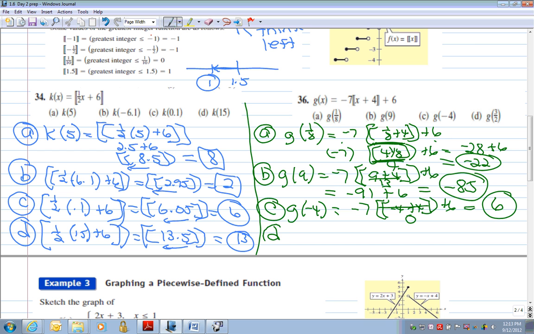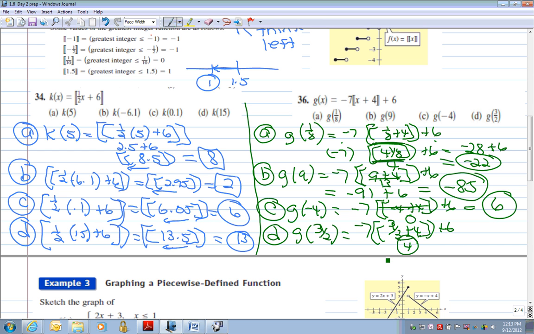And finally, D. Again, we have G of 1/2. -7, greatest integer, 1/2 plus 4 plus 6. So 4.5. Well, if you're at 4.5 on a number line and you think to the left, you'd be at just 4. So 4 times -7 is... I'm sorry. Oh, that's 3/2, not 1/2, sorry. 3/2.